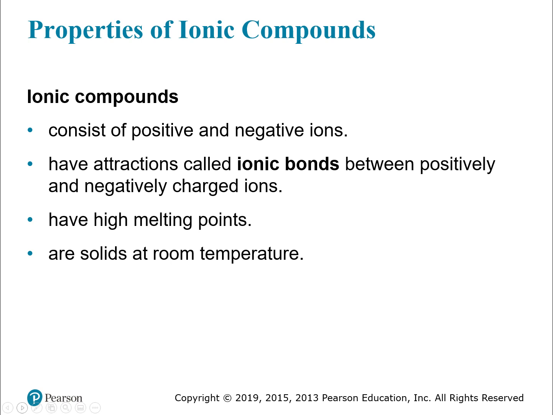What keeps these ions together is an ionic bond, which we talked about in the last section. They have very high melting points, and they're solids at room temperature. So these are some properties of ionic compounds that you'll want to know.